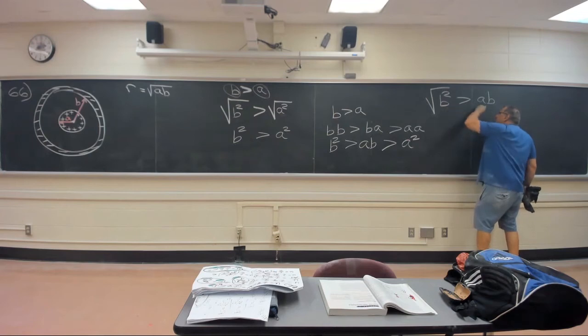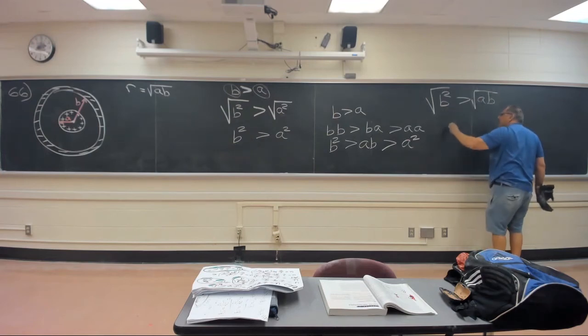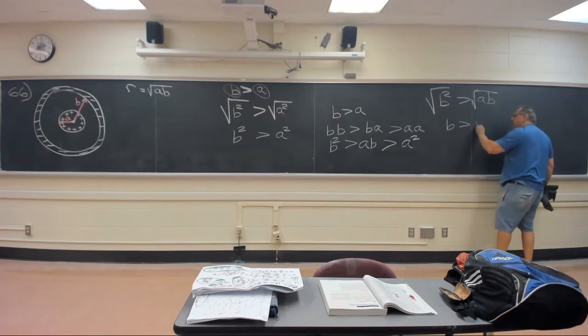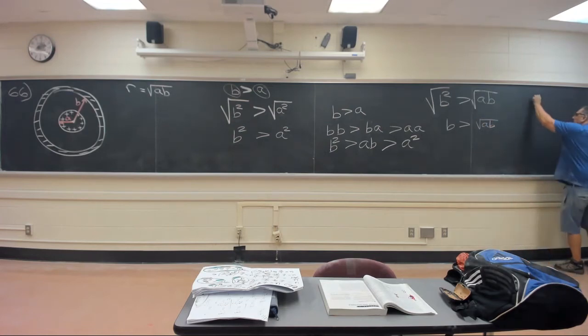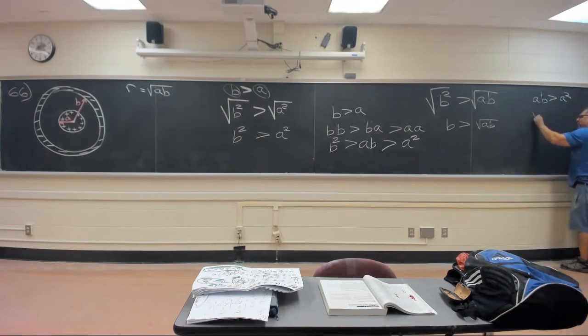And if this is bigger than that, B is going to be bigger than this. And we said AB was greater than A squared. If you take the square root of both sides, they're both positive numbers, and this one's bigger than that, so its square root is going to be bigger than that.